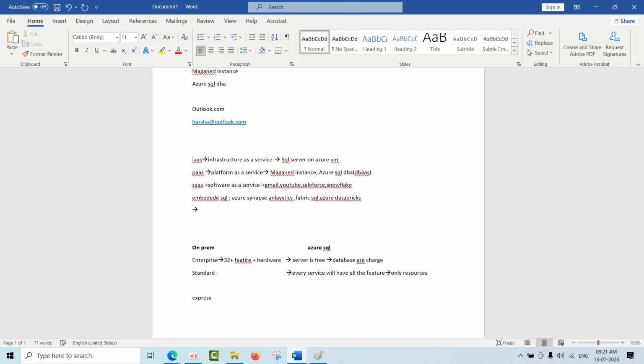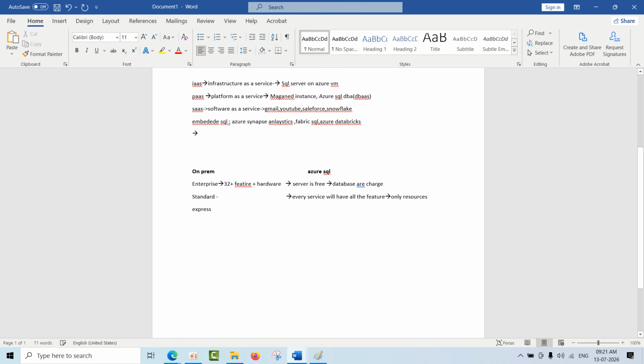Okay, now generally how many licensing models do we have in on-prem? First we will go with the core based, yes or no? Yeah, we will go with the core based. After that, subscription based, yes or no?